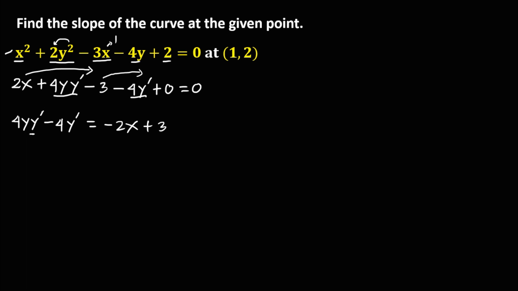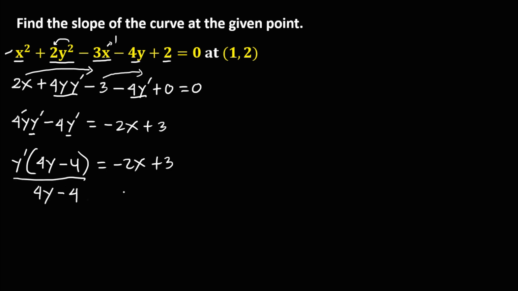Then we can put this y prime outside. So the remaining is 4y minus 4, equals negative 2x plus 3. Then to solve for y prime, divide both sides by 4y minus 4, then cancel.